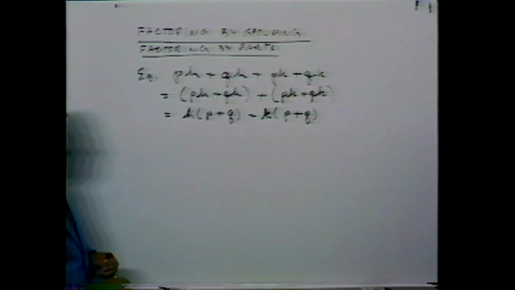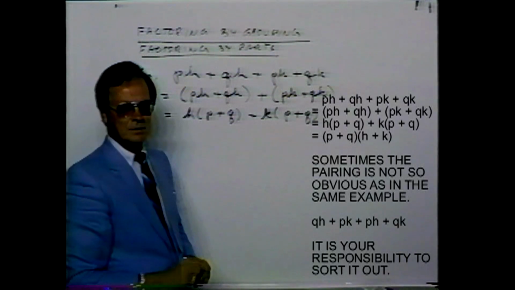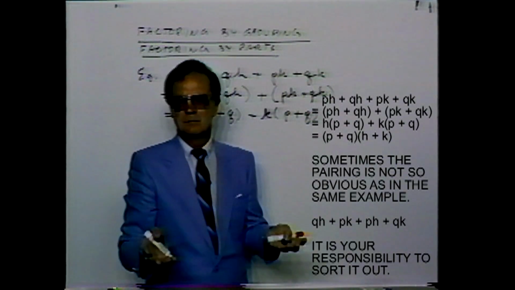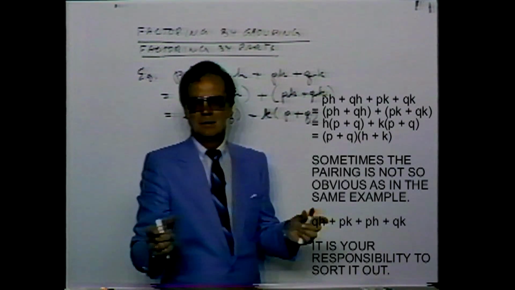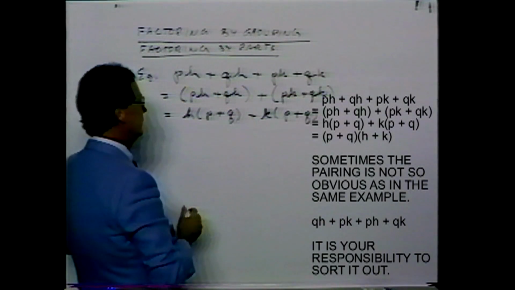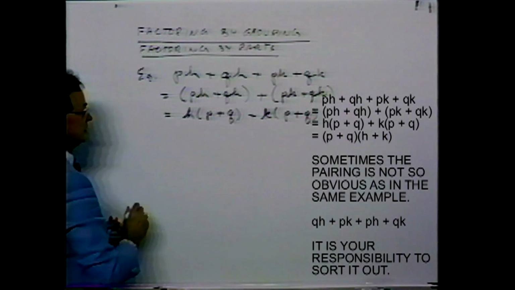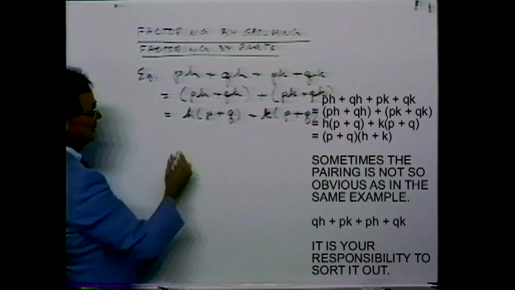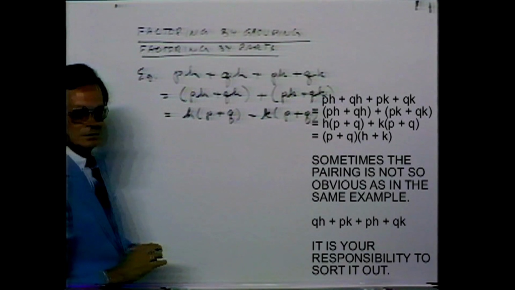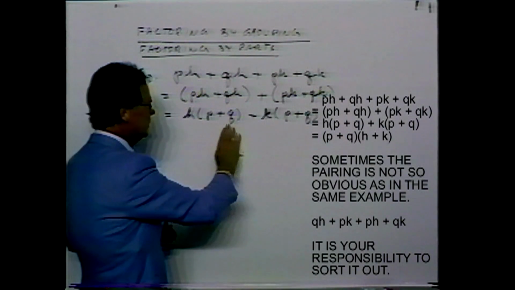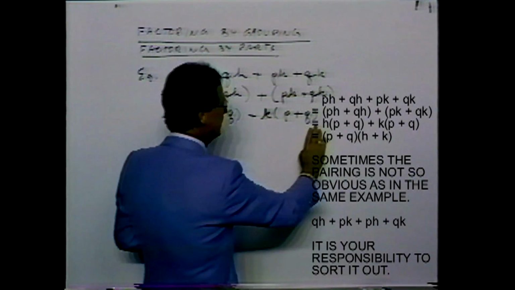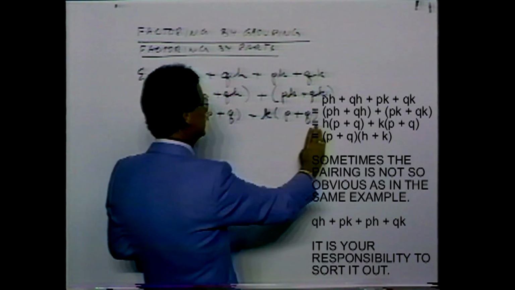You can see that I am factoring this expression by doing it in parts and grouping them so that I can identify familiar factoring types within the problem. Look at this last line and notice that p plus q in this term is common to the same quantity in this other term.